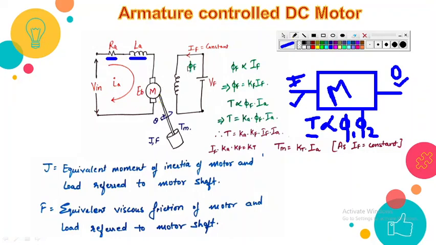On the field side we have the field circuit, with field supply input Vf, due to which current If will flow through the circuit, and due to this current, flux phi f will be generated.